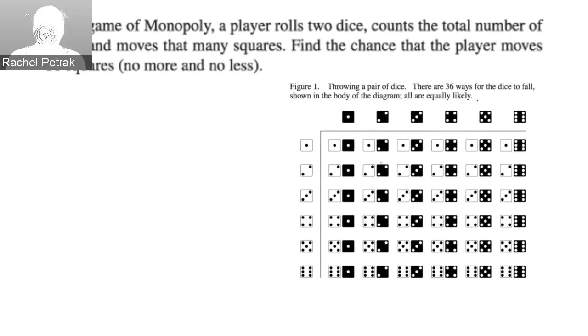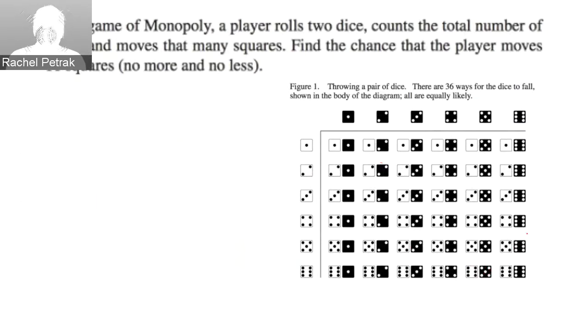And so we can think there are different ways that we could roll 11. We could get 5 on our white die and 6 on our black die, but we could also get them on the opposite die. So our white die could be 6 and our black die could be 5.